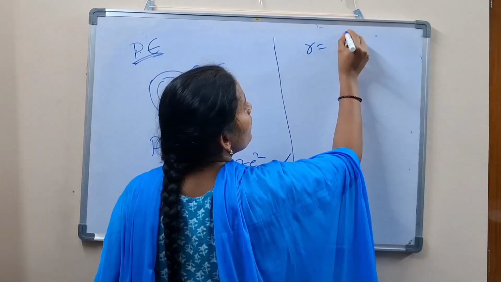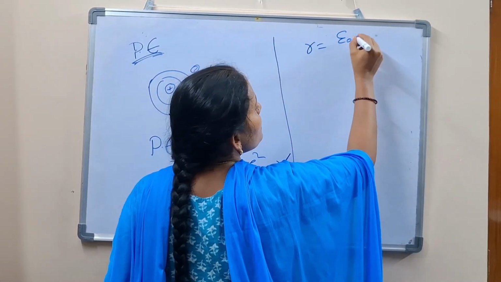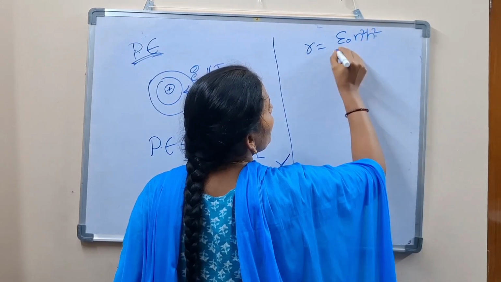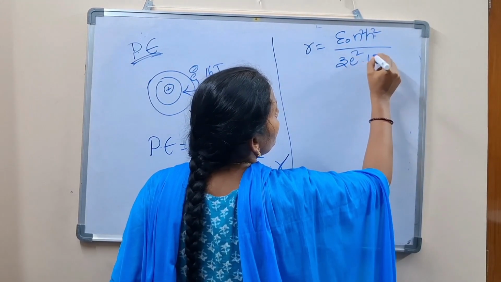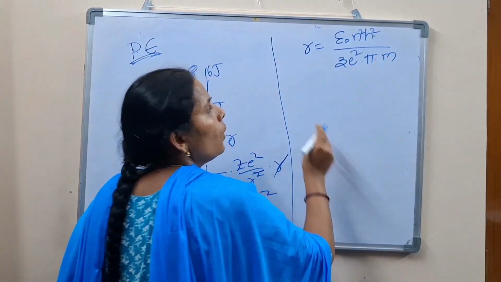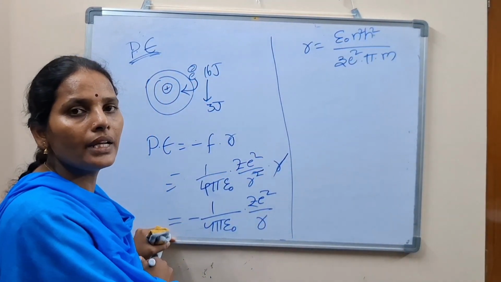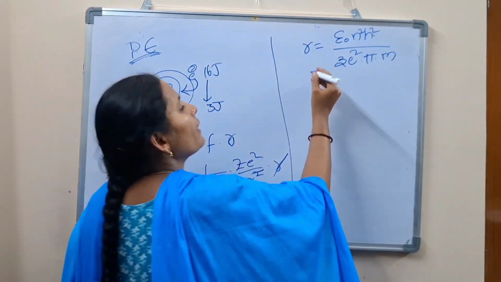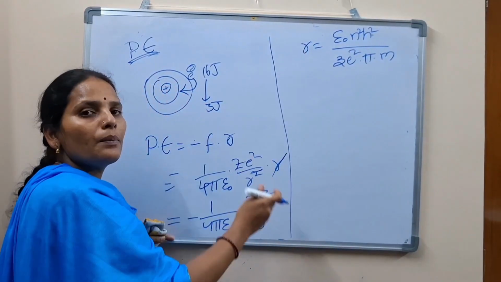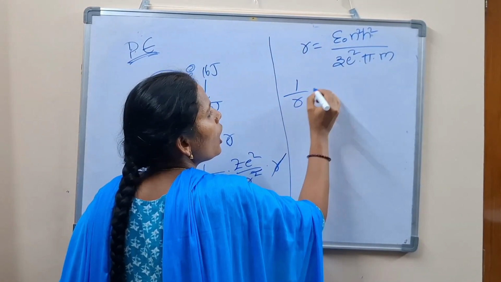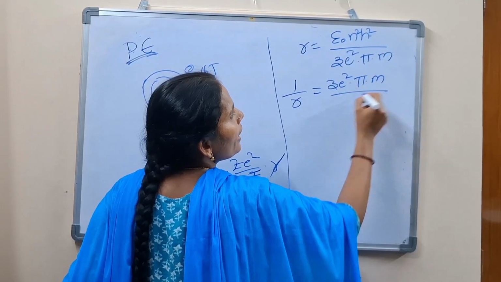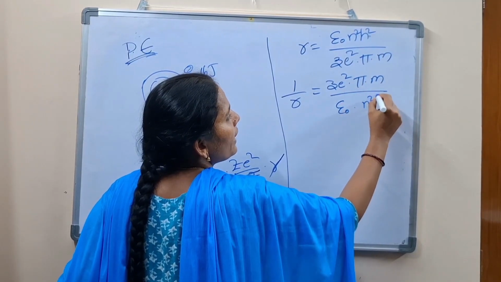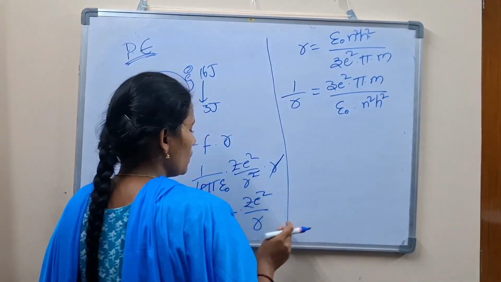R equals epsilon naught n square h square by Z square into pi into m. This is R, found from the derivation of the radius. Just write the reciprocal of R: 1 by R equals Z square into pi into m by epsilon naught into n square h square.